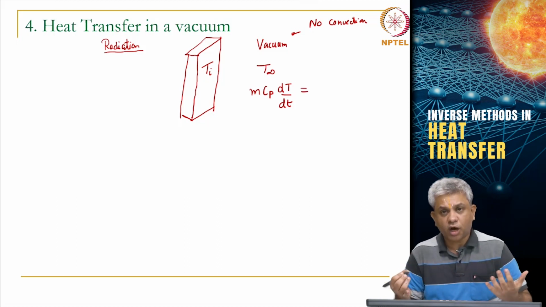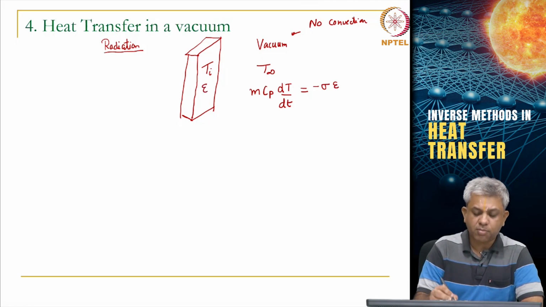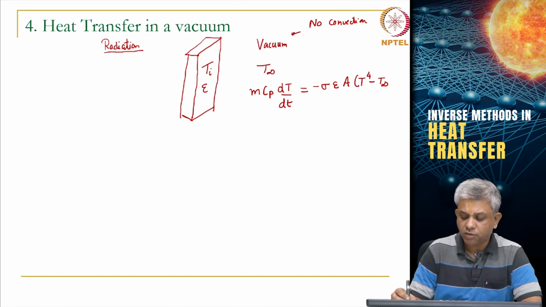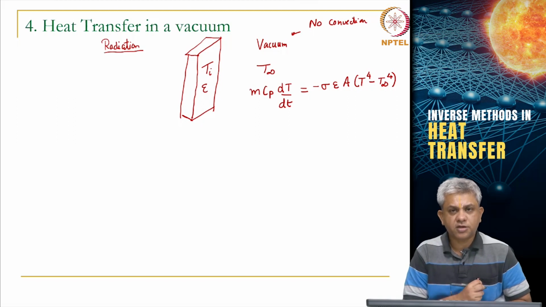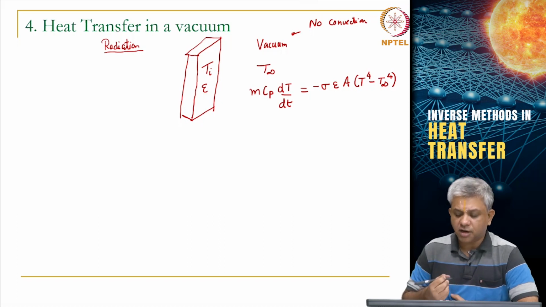There is going to be loss, and this loss is going to be minus sigma times epsilon, since this is not a black body and you have some emissivity between 0 and 1, times A times T to the power 4 minus T infinity to the power 4, whatever the wall temperature is. You can derive this from Stefan Boltzmann's law.